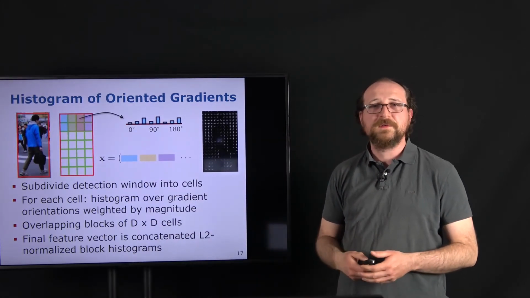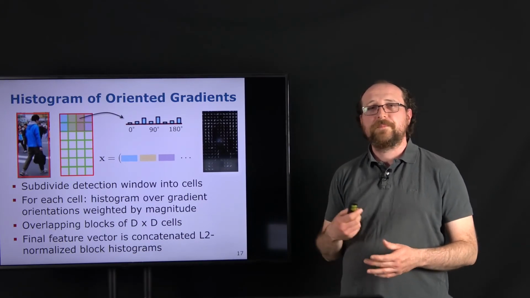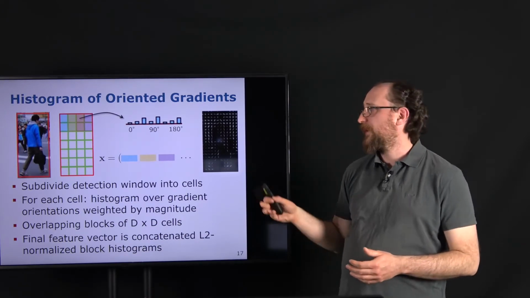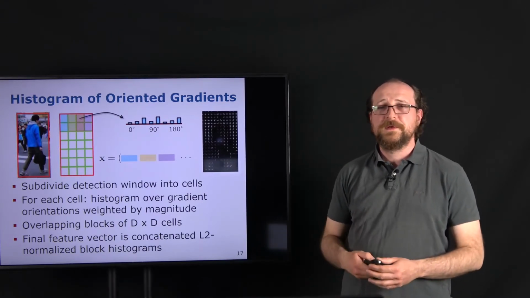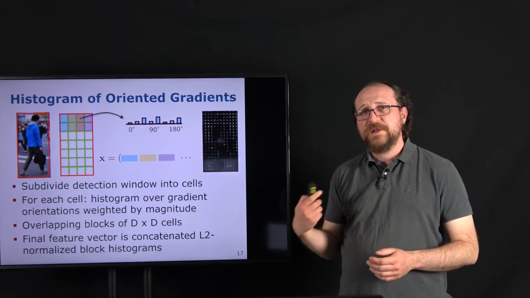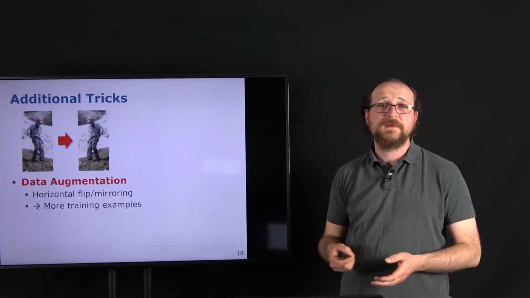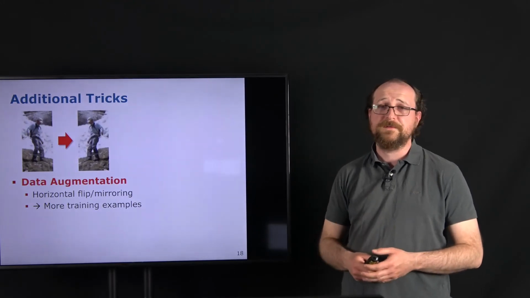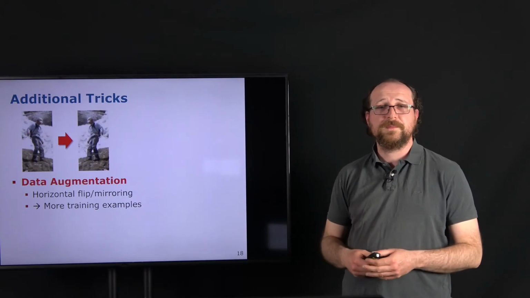And by using this, we can then get a very good person detector. But this was also applied to other objects like airplanes. But to mention some additional tricks that were introduced: to increase the number of training examples, they introduced the concept of data augmentation.